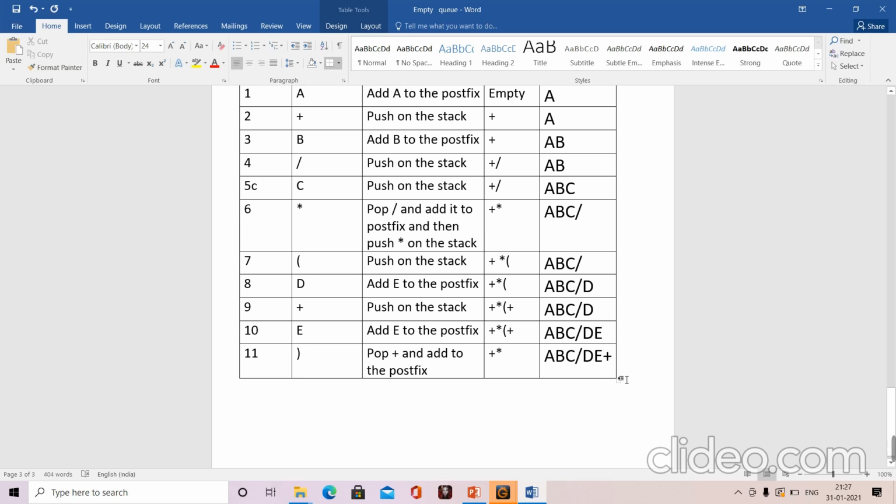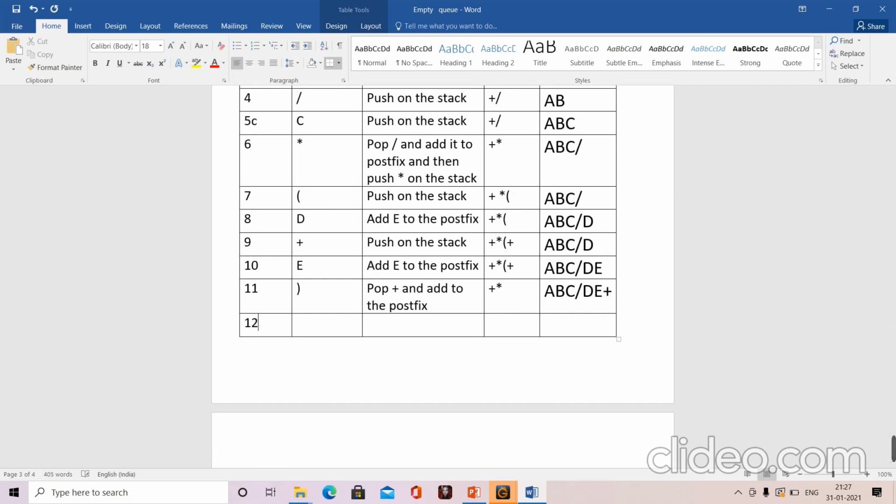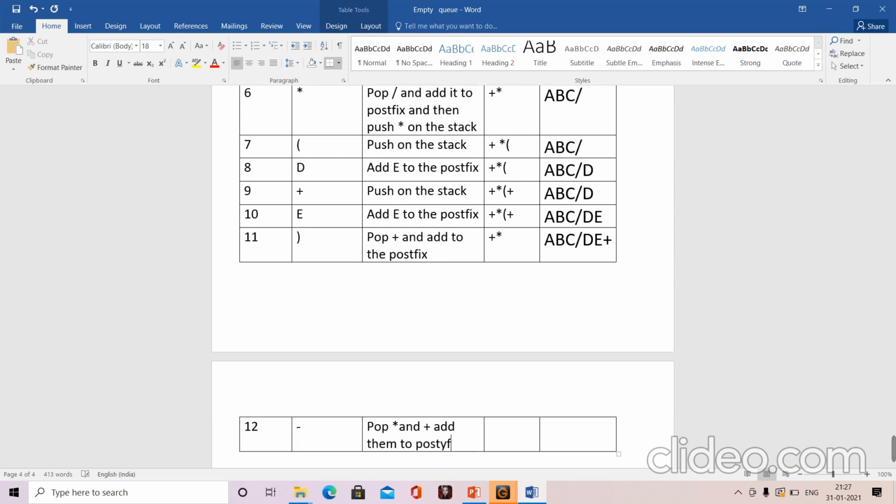Then what is the next expression? We have minus F, step 12. What does minus say? Pop plus and add them to postfix, and then push.